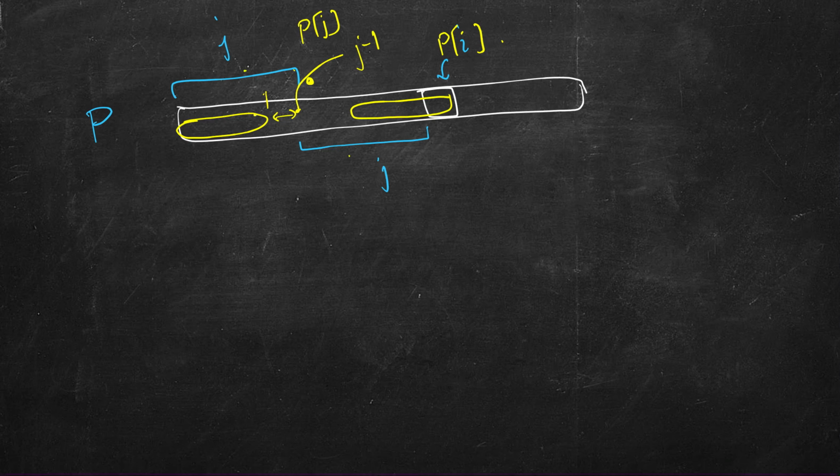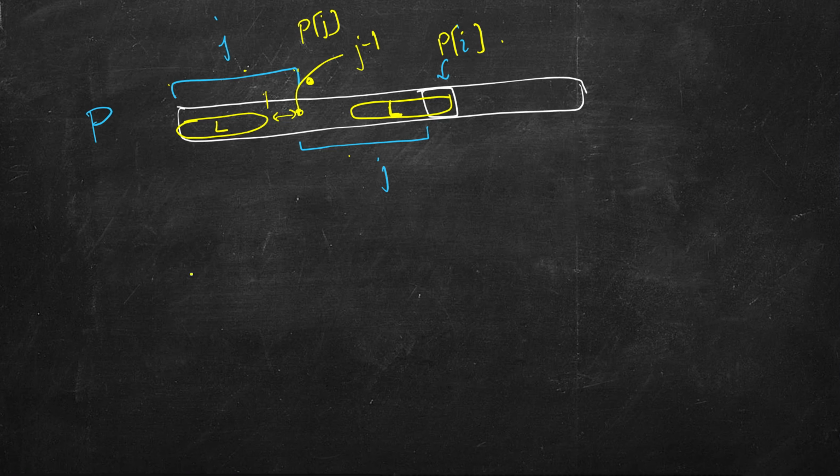So let's see. This was matching with this, and in the blue one, this part is the same as this part. So if you come here, this part is the same as this part. Let's call this length L. The length of this yellow substring is L, and this length is j, and this j is the same as this one.